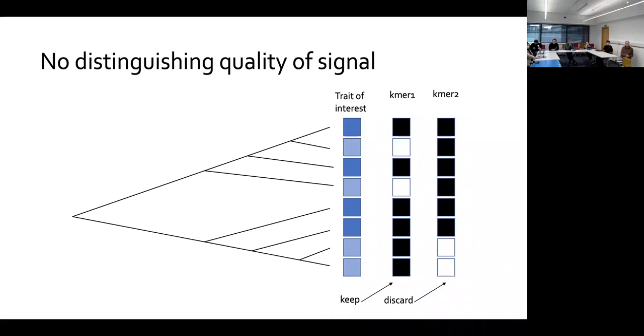So here's a bit of an illustration of what I would like the algorithm to do. This is what I think it might be doing some of the time. Here's our cartoon tree again. Imagine we have a distribution of our trait of interest across the tree. We have some k-mers that are associated with our trait of interest. If we ignore the similarity of the samples, then this k-mer and this k-mer are both found in 2 out of 4 of our isolates that have the trait that we're interested in.